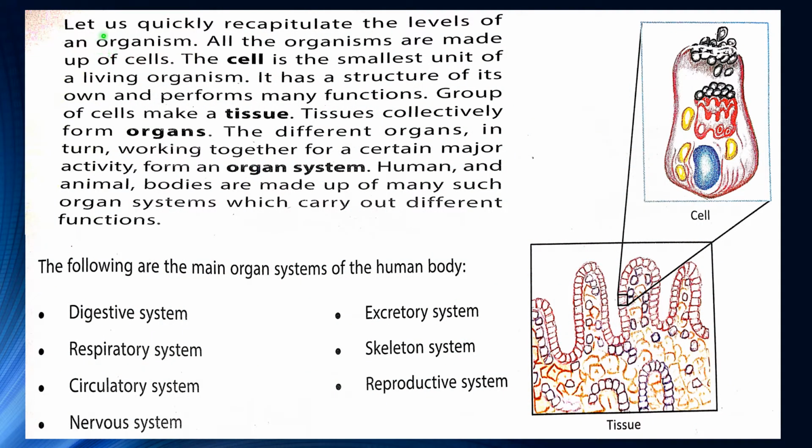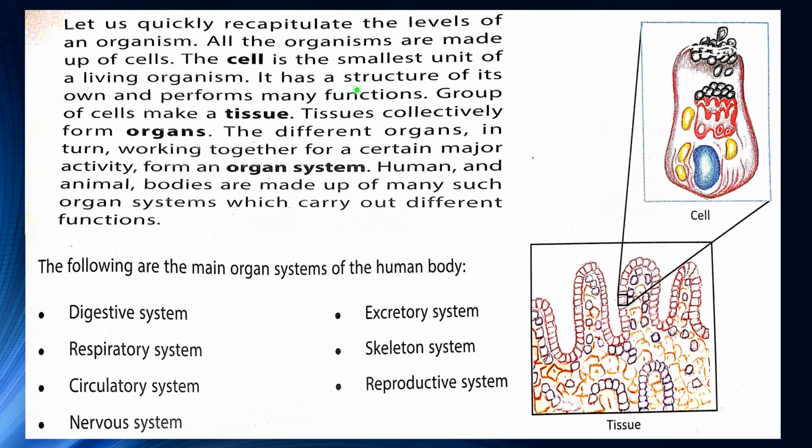Students, let us quickly recapitulate the levels of an organism. Students, all the organisms are made up of cells. The cell is the smallest unit of a living organism.